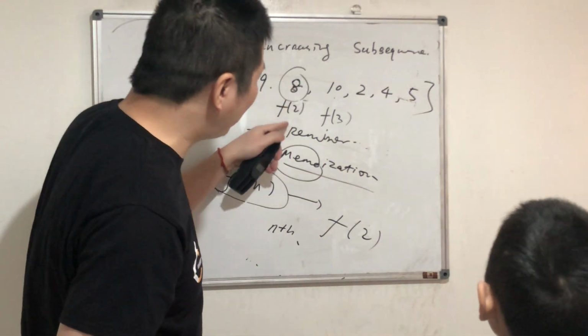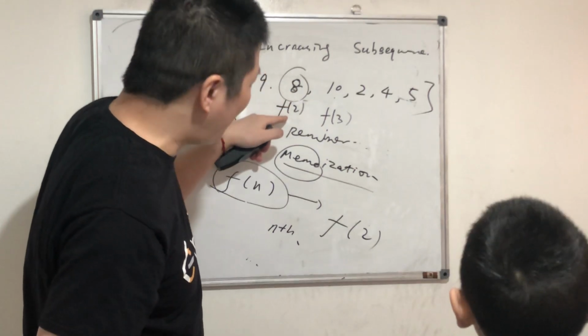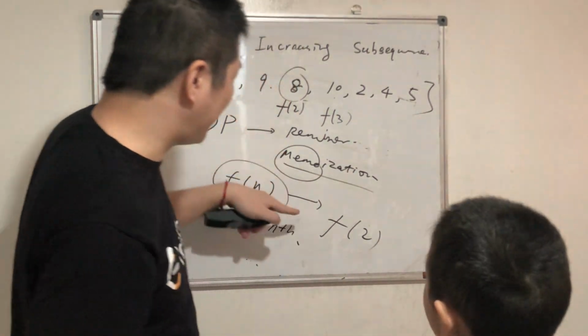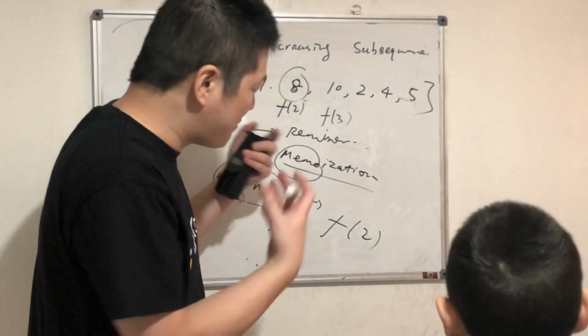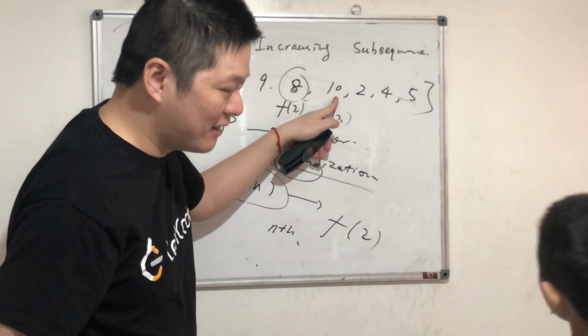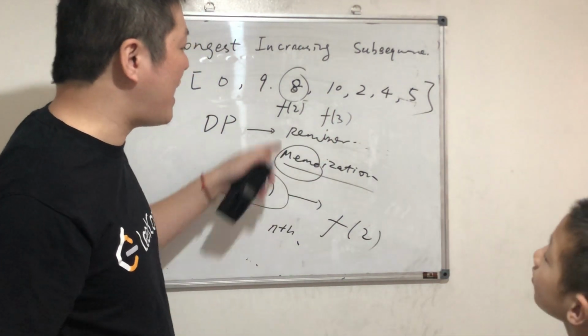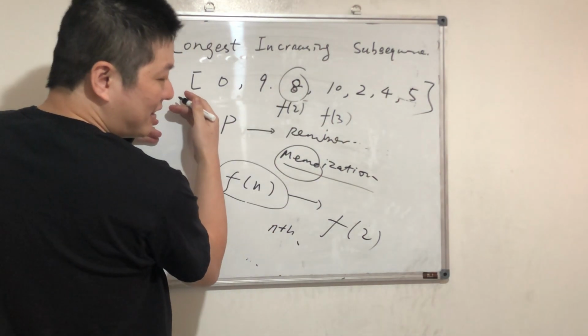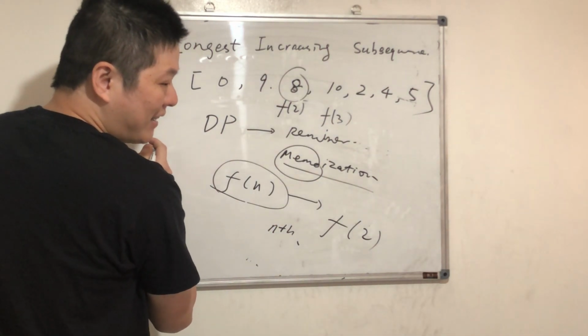F2's value is already calculated; we have memoized it using dynamic programming. So what happens if I add the 10 to the longest subsequence? Is it still valid?